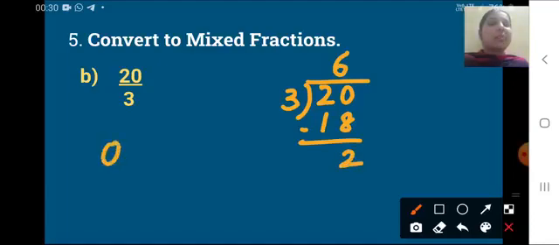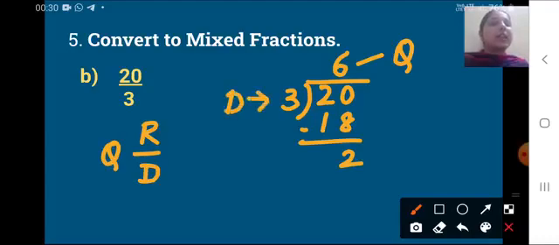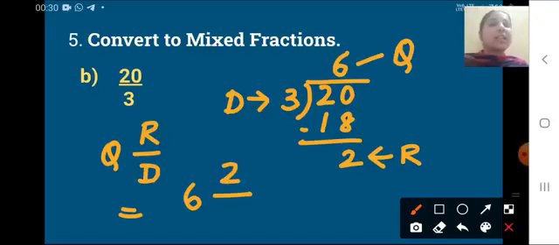Now we will write it as mixed fraction, Q R upon D. Quotient here is 6, divisor is 3, and remainder is 2. So first we will write Q, which is 6, in the middle as whole part, remainder is 2, and divisor is 3. So it is 6 whole 2 upon 3.